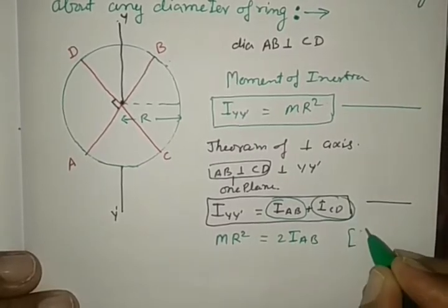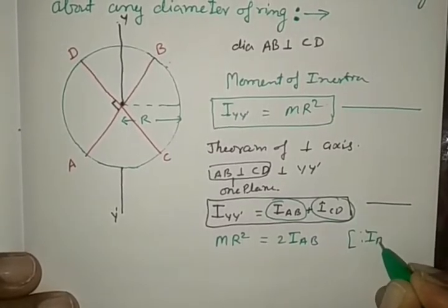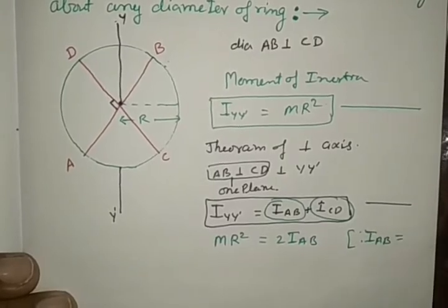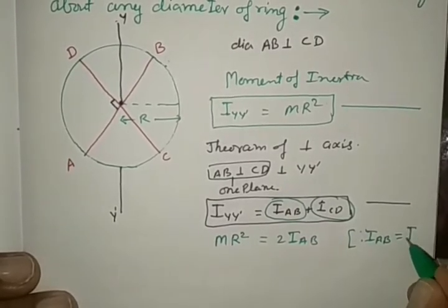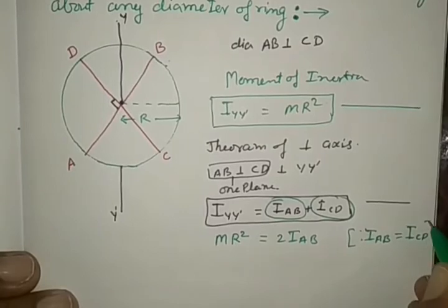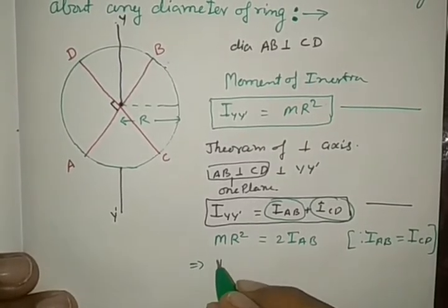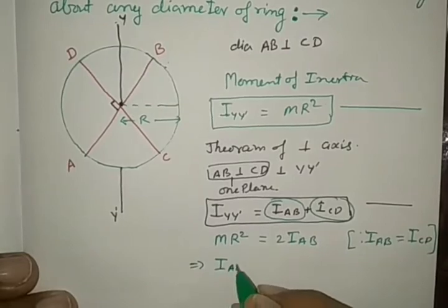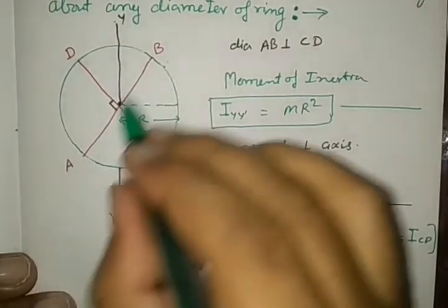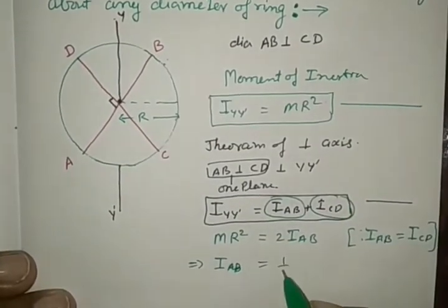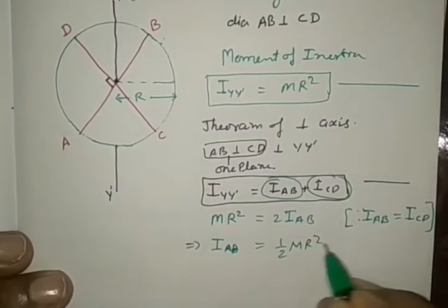Why is it so? Since the moment of inertia about one diameter is equal to that about another diameter. So this implies that the moment of inertia about any one of the diameters, let AB, is equal to half mr square.